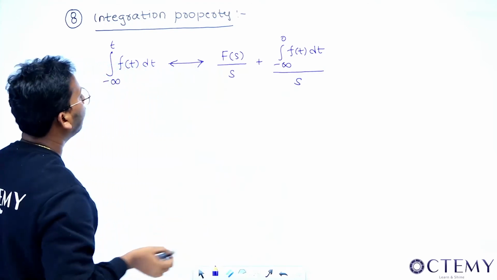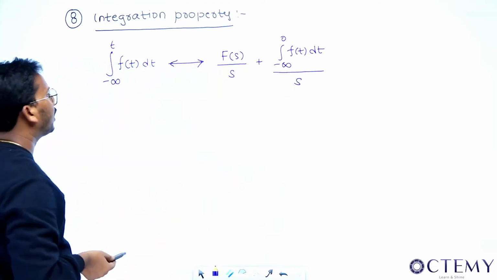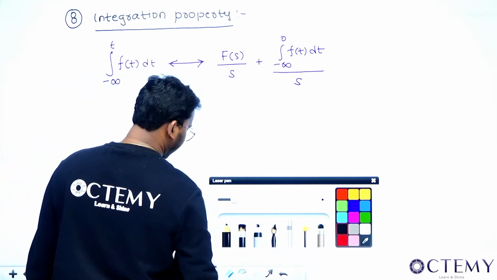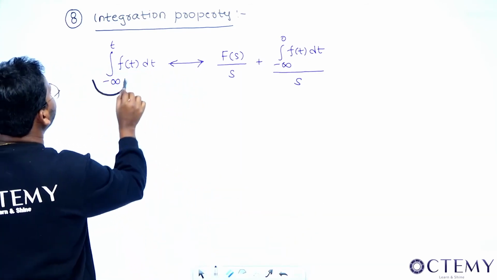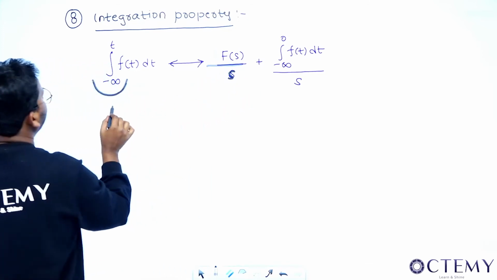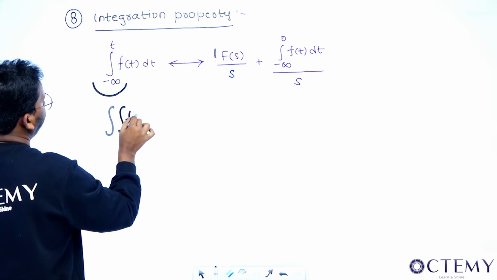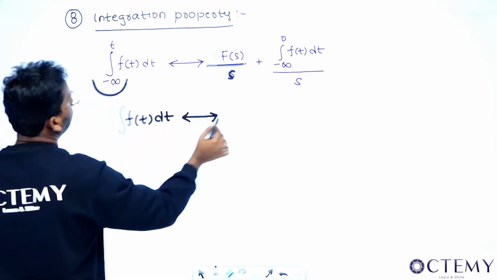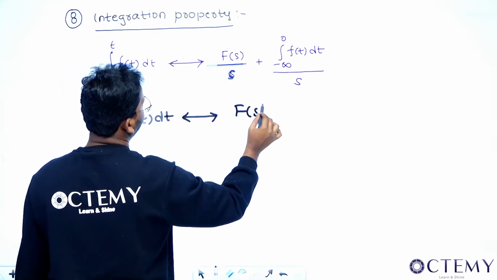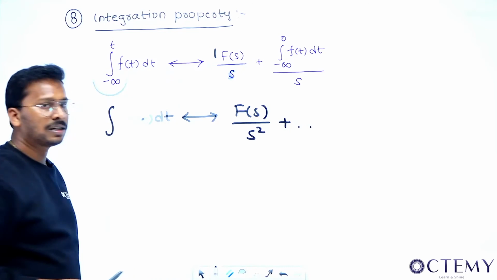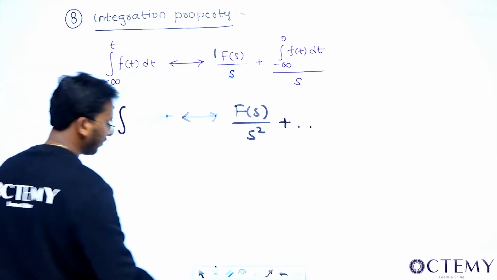Similarly, for n terms it will come like this. You have to be mainly concerned about this particular part here. If there is single integration, you will get only 1 by s here, right? If there is double integration like this, then you will get F(s) by s square. Initial conditions will also be there, sir, but they are not of concern from the control systems perspective, right?